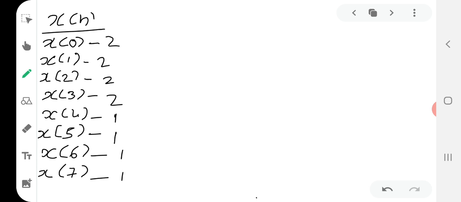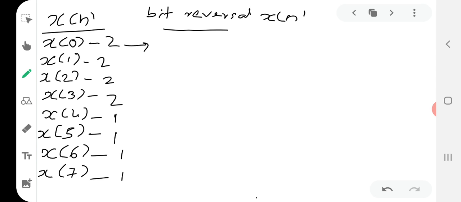Now we have to find the bit reversal of x of n. How to find the bit reversal? First, the expansion of x of 0, that is 0 0 0, is equal to 0, so its bit reversal will also be 0. That's why we can write x of 0 is equal to 2.